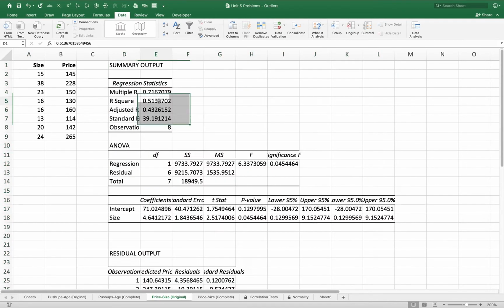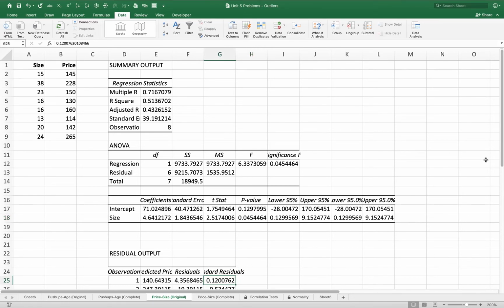Good. So here's your 51.4%, which I showed you on the other page here, and the usual kind of stuff, 0.045, 0.045 for the p-values, but I'm interested in the standardized residuals.